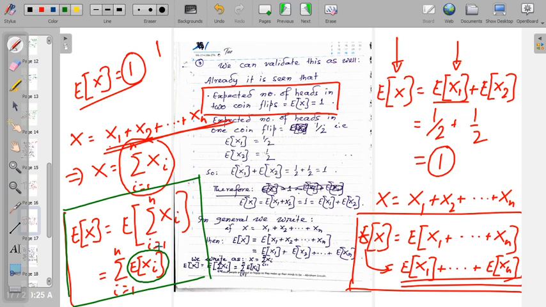So this is for the single coin flip experiment case. The same thing will happen for the hiring assistant problem. This xi will denote the ith interview, the ith person being interviewed and whether he or she will be selected or not.